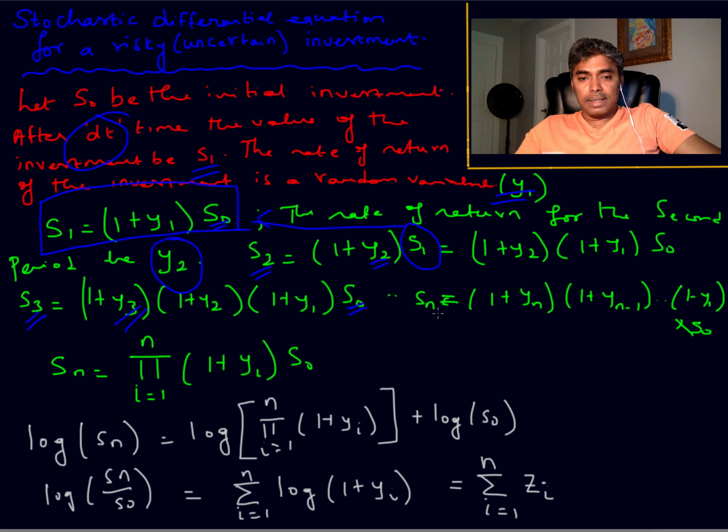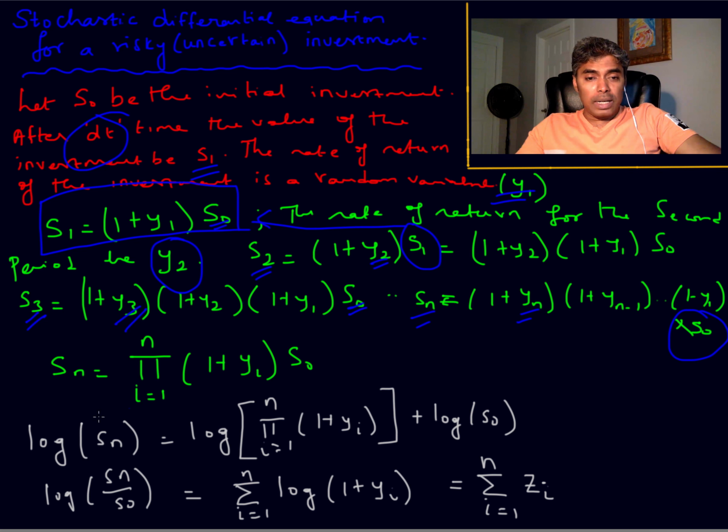If I generalize this as Sn, the value of the investment after the nth period, with the rate of return for each period represented by y1 to yn, then Sn is going to be 1 plus yn times 1 plus yn minus 1, up to 1 plus y1, times S0, the initial investment.